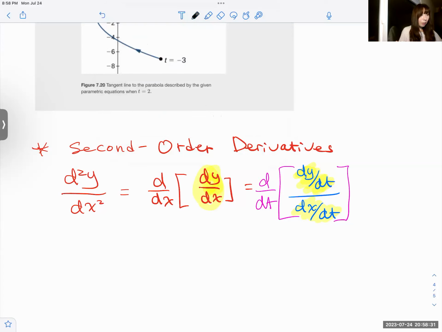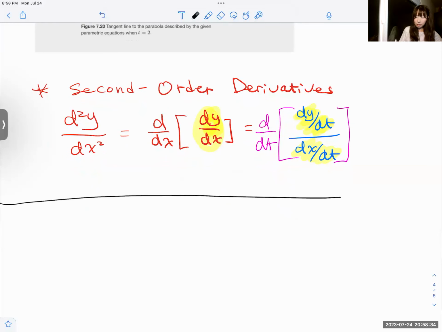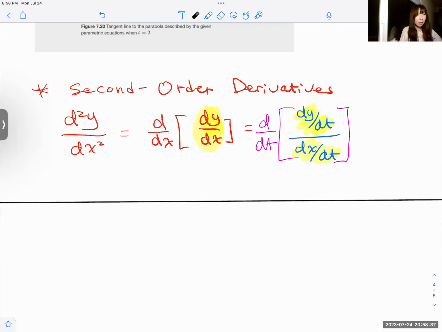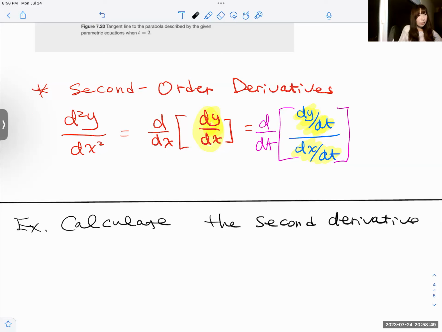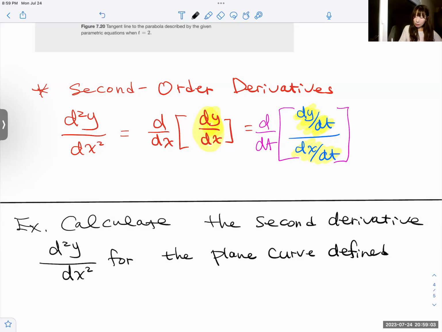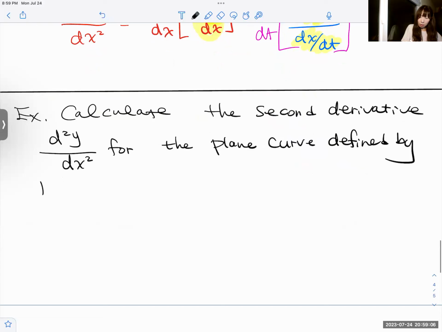Okay, now let us do that. Calculate the second derivative d squared y over dx squared for the plane curve defined by the parametric equations.